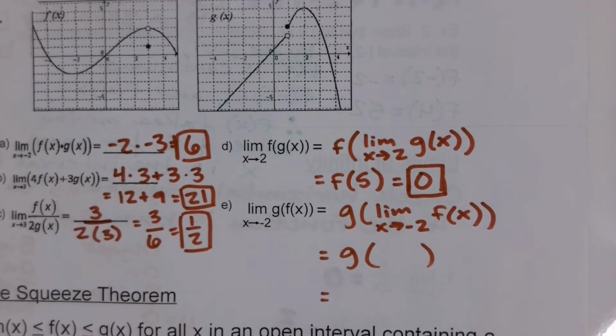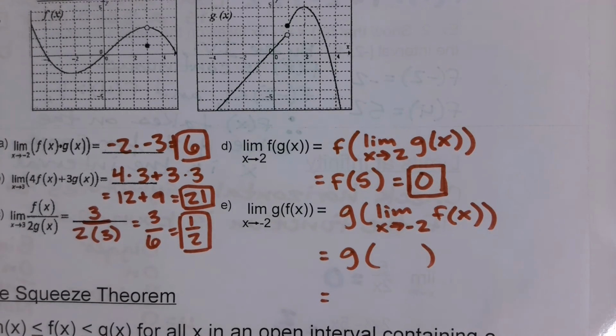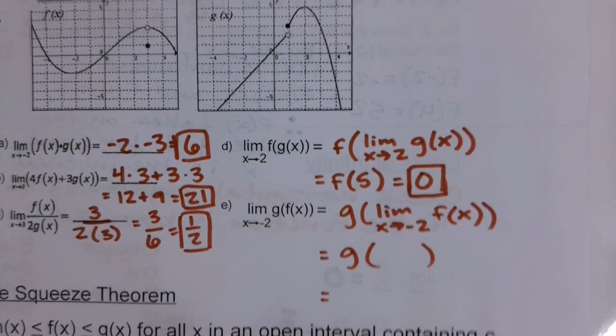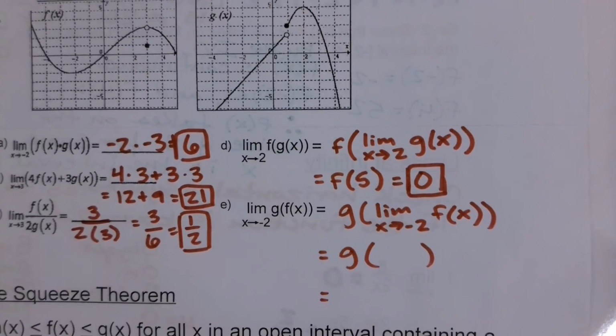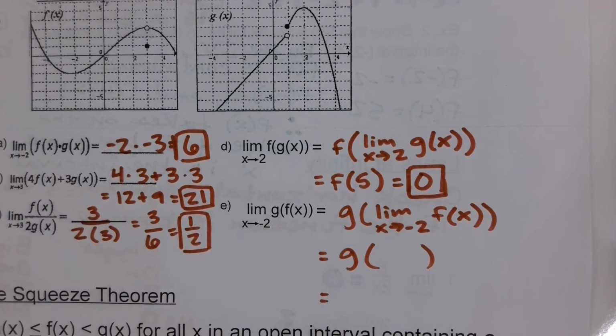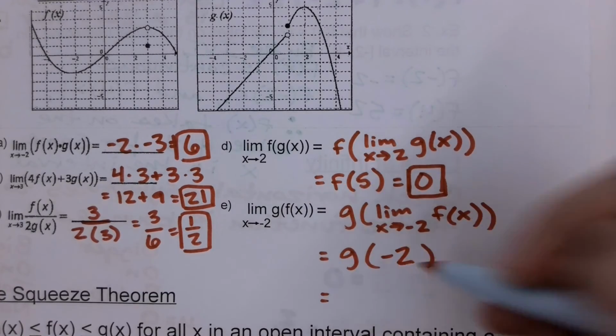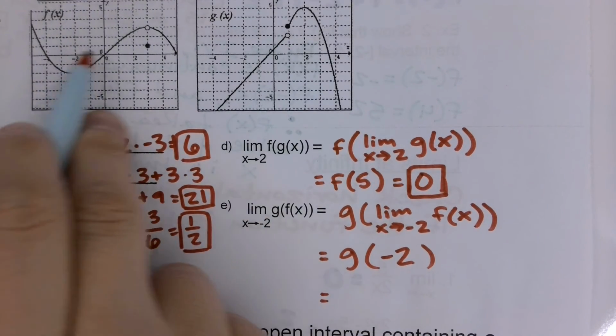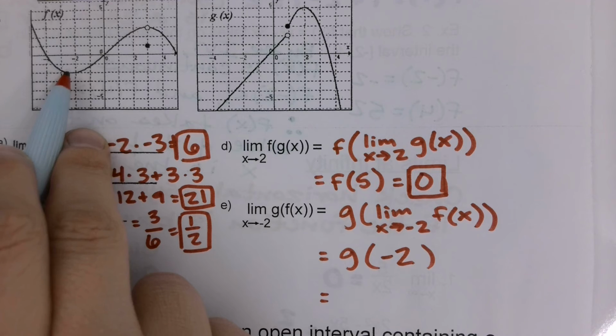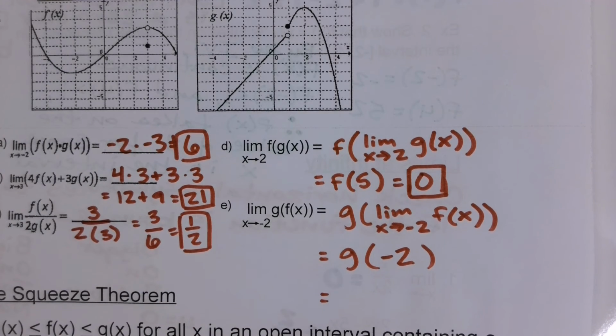Okay, so what do we think for the limit as x approaches negative 2 of f of x? So we should have negative 2 for the inside, just looking at as it approaches negative 2, it's approaching negative 2 for the y value.